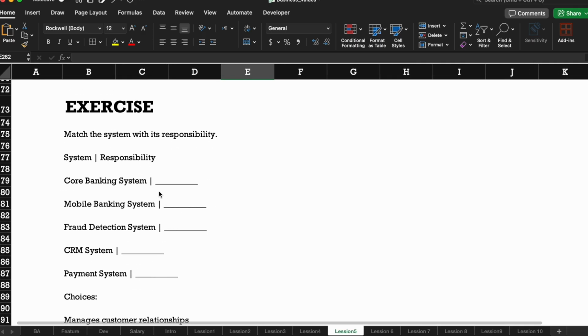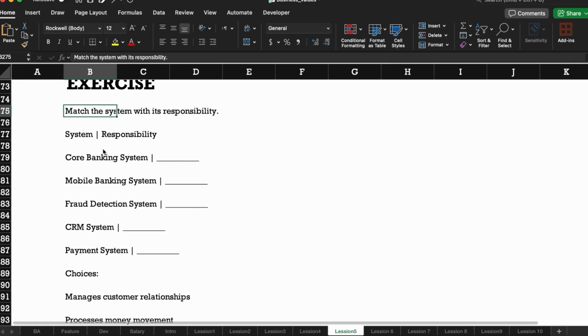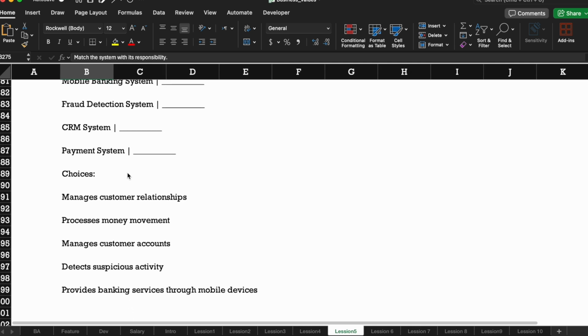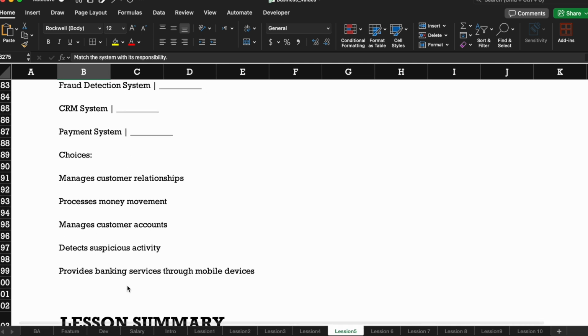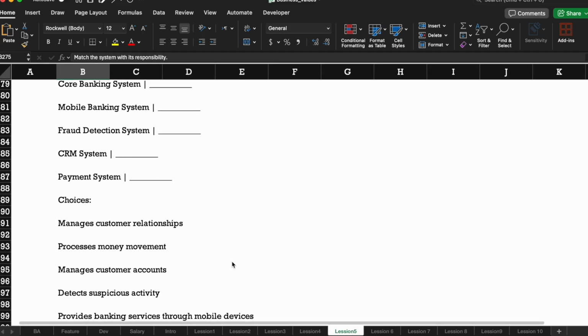So let's do an exercise. Match the system to its responsibility. System and core banking. Core banking: provide banking service through the mobile devices, detect suspicious activity, manage customer account, process money movement, manage customer relationship. Okay, I'll leave it to you.